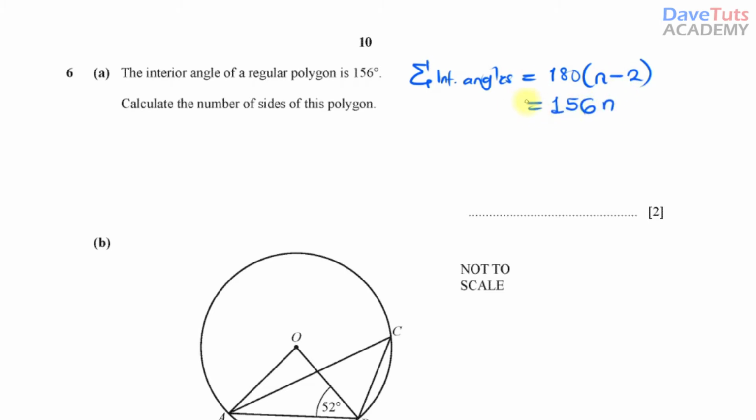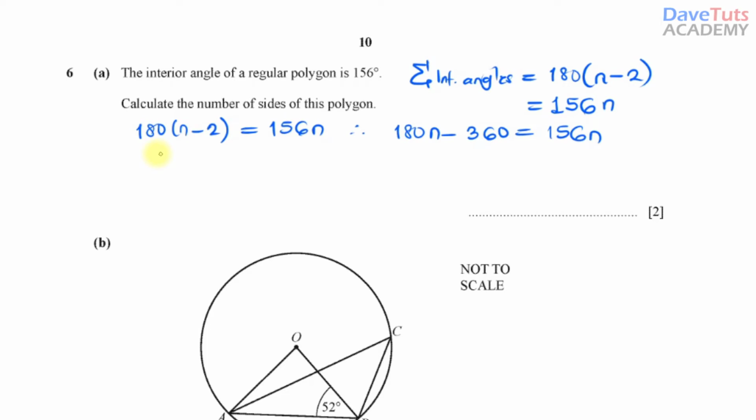So what we need to do in this particular case is to equate these two to say that we have 180 into n minus 2 is also equal to 156n, so that if we open up the bracket, we are going to have 180n minus 2 times 180, which is 360, is equal to 156n.